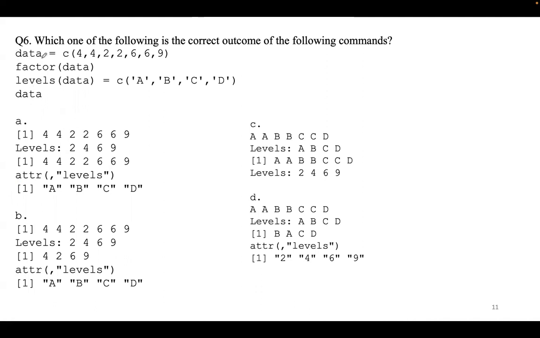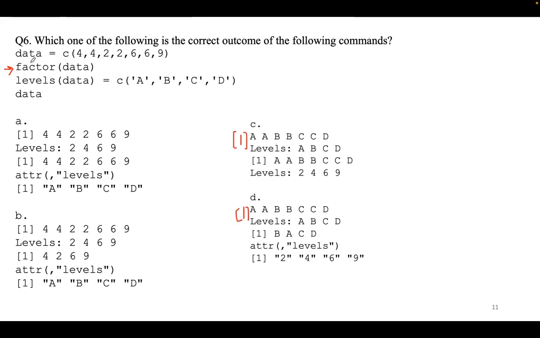Okay. So now here you have the variable data. You are initializing it. This is a vector. And now this line is where you're printing factor data. So there are 2 parts to it.